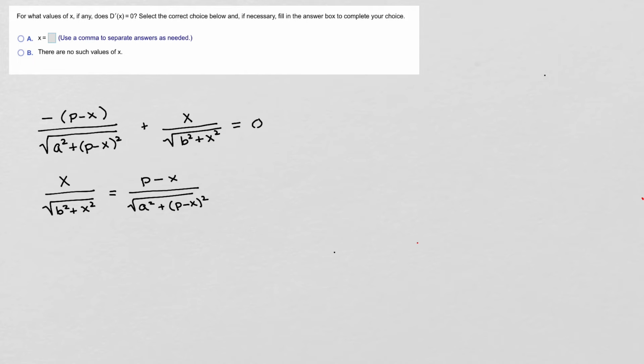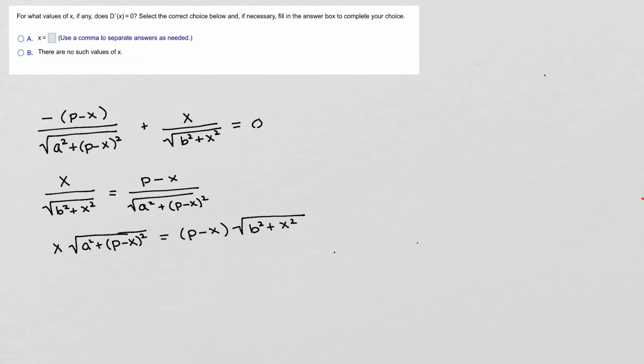And now I can cross multiply, and I have X times the square root of A squared plus (P minus X) squared equals (P minus X) times the square root of B squared plus X squared.